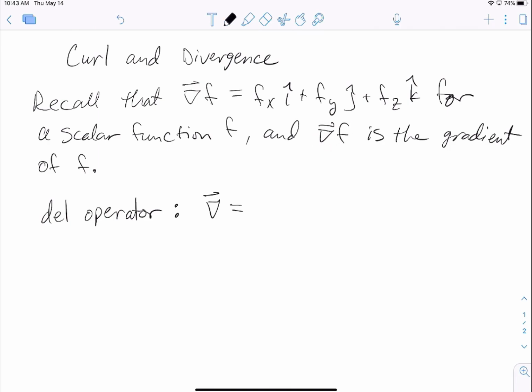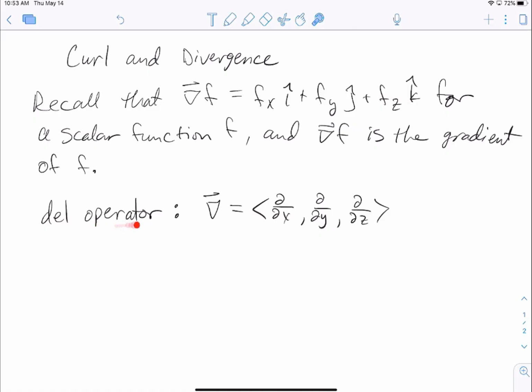But here we're defining it as a vector that doesn't really mean much all by itself. The partial with respect to x, comma, the partial with respect to y, comma, the partial with respect to z. It's actually just three partial derivatives that aren't acting on anything until you give it something to act on.